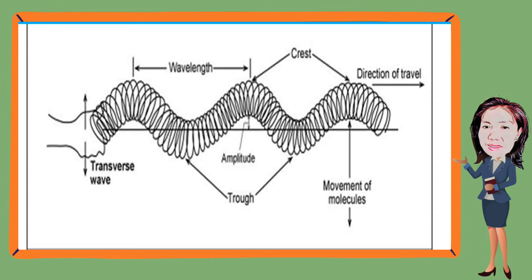And the lower portion of the transverse wave are what we call as troughs. So the movement of the transverse wave is up and down, and it is perpendicular to the direction of the wave. So ang direction of wave is ganyan, but the direction of the movement is perpendicular.